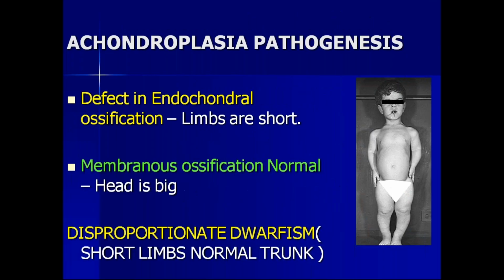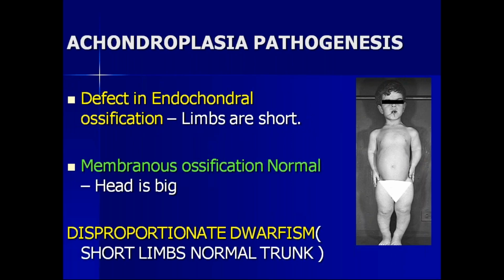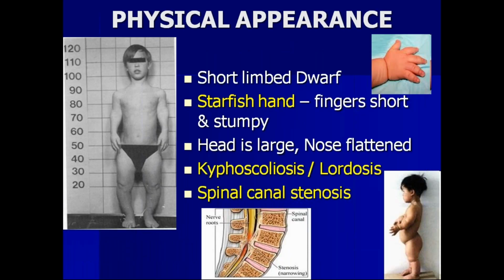To summarize, achondroplasia is the common cause of dwarfism. It is a problem in the endochondral ossification. The limbs are short, the head is normal, the IQ is normal. They have canal stenosis as a problem. They can have back pain, and their hands and feet are short.